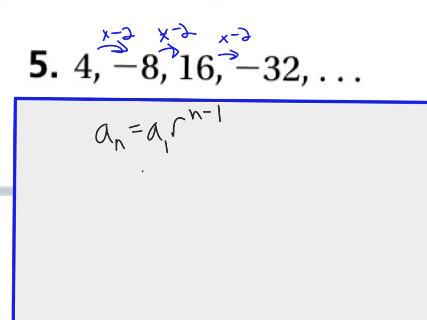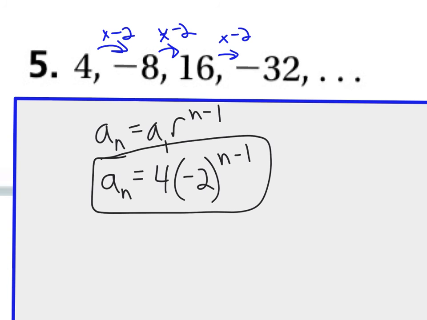So if we start with our formula, our first term is 4. We're multiplying by -2, so -2 would be our r value. The -2 needs to be in parentheses when you write that. And that would make a difference if you were actually finding a term.